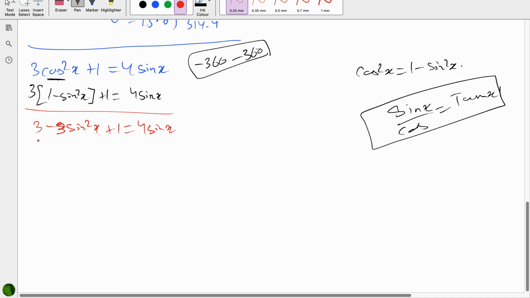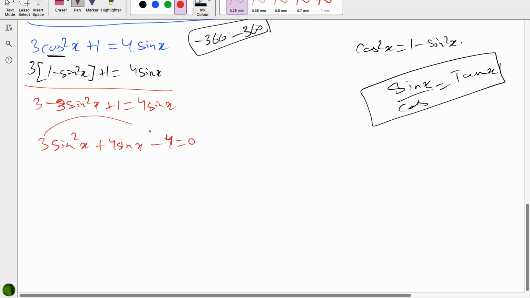Now I'm rearranging this, taking 3 sine square on the other side. 3 sine square x, 4 sine x is already there, 3 plus 1 is 4, and on the other side it becomes minus 4. Now this is basically a quadratic equation. 3 times 4 is 12. So what do we multiply? 6 and 2 to get 12 and 4.